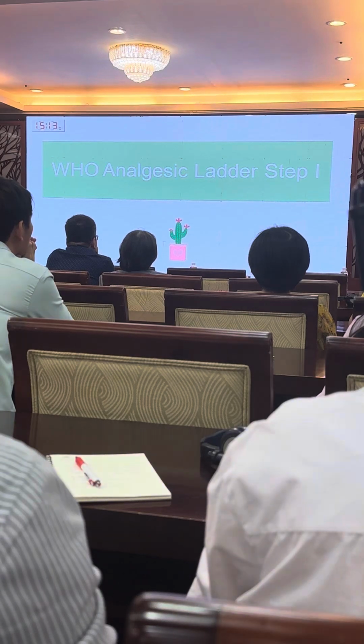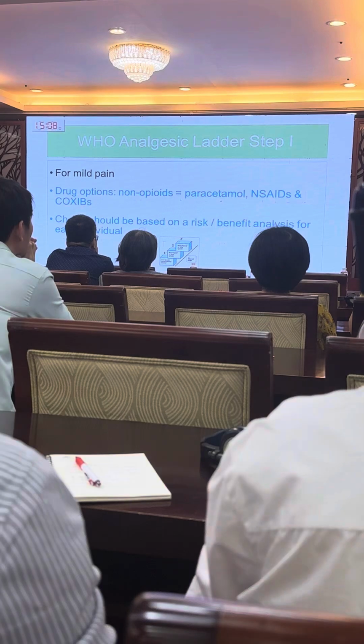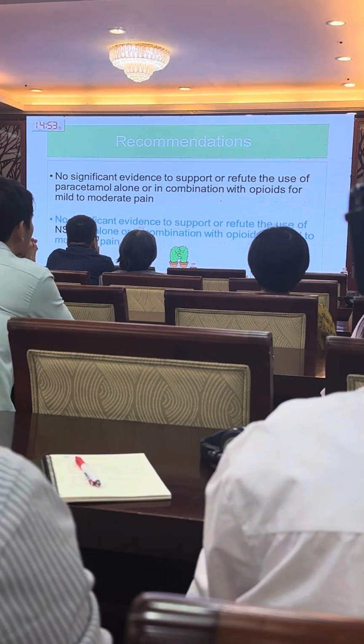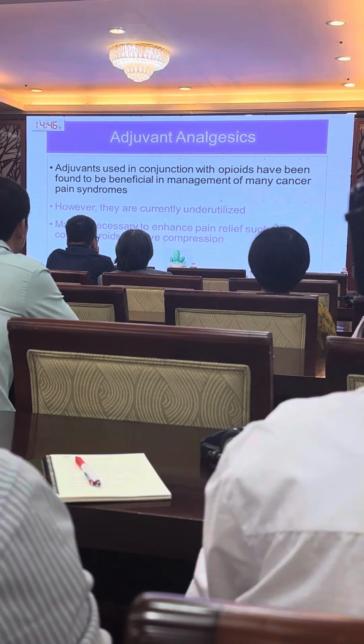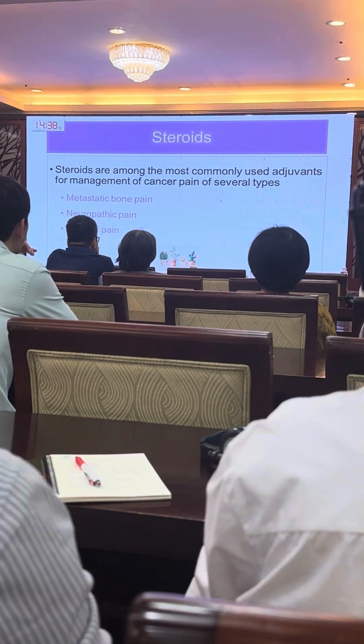WHO analgesic ladder step 1 is to use non-opioids to treat mild cancer pain. There is no significant evidence to support or refute the use of paracetamol or NSAIDs alone or in combination with opioids for mild to moderate pain. And adjuvant analgesics are used in conjunction with opioids to treat many conditions of pain such as neuropathic pain.